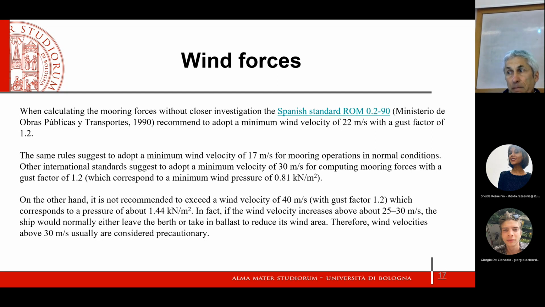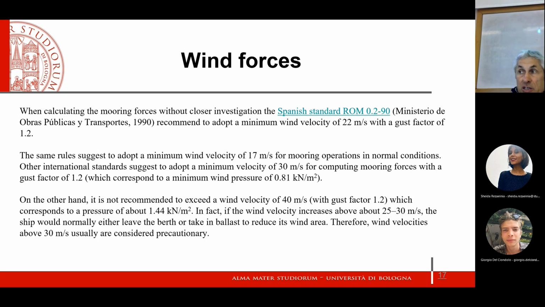And the same rule suggests adopting a wind velocity of about 17 meters per second for mooring operation in normal condition. And other international standards suggest adopting a minimum velocity of 30 meters per second for computing mooring forces with a gust factor of 1.2.